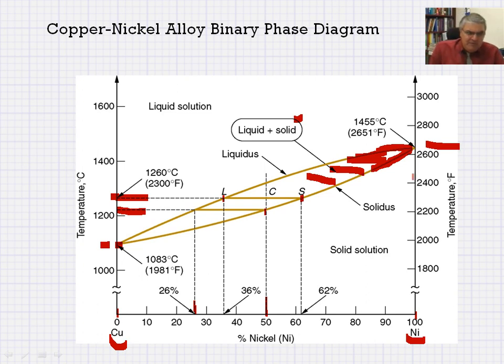Depending on the percentage and how much we want the melting point to be, we can add and subtract the amount of nickel in this composition. As we increase the amount of nickel, we increase the melting point of the alloy itself. So this is a very useful diagram in determining that.